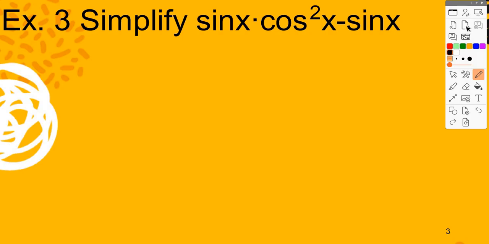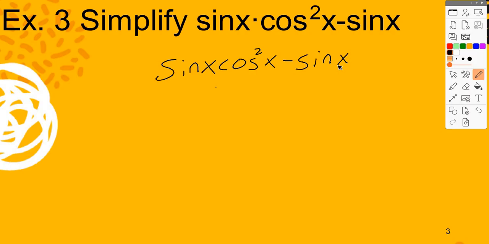So I have sine of x times cosine squared of x minus sine of x. Notice that we have two major operations: multiplication and subtraction.